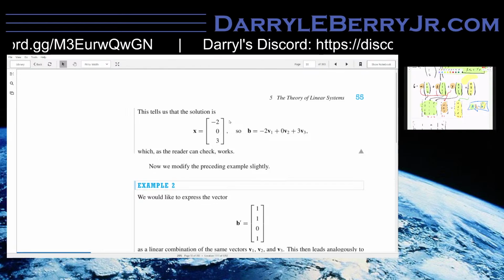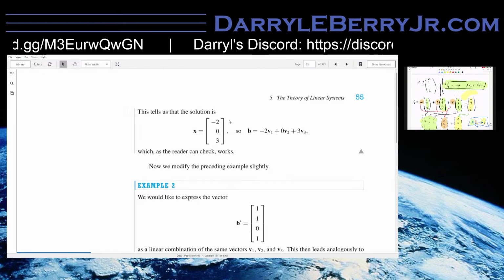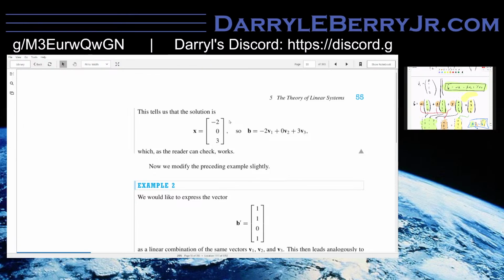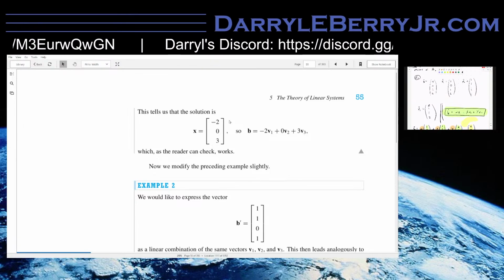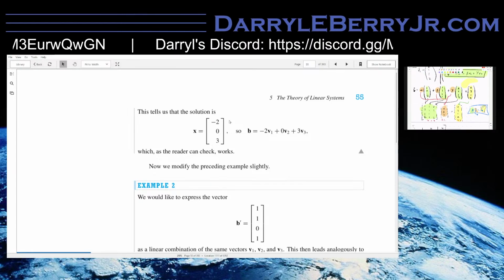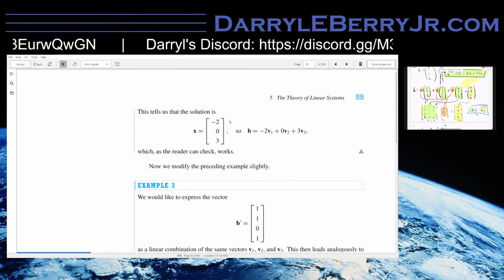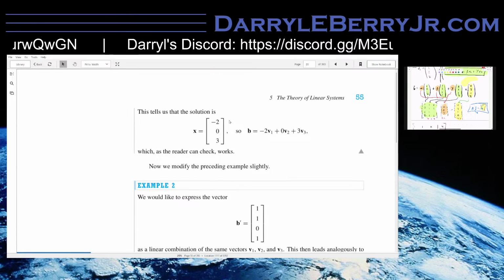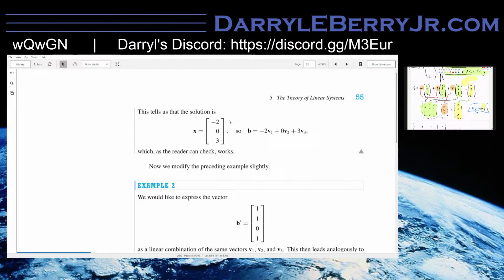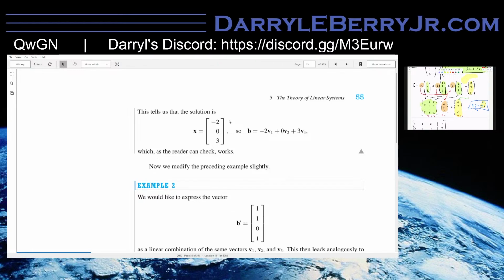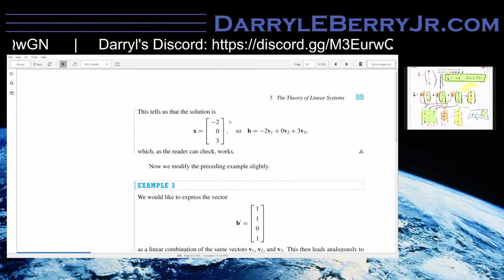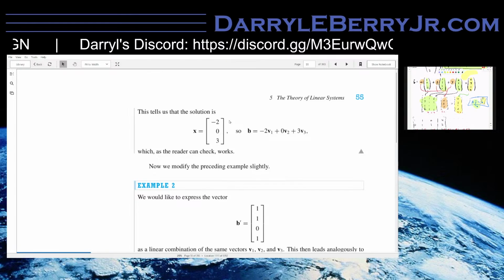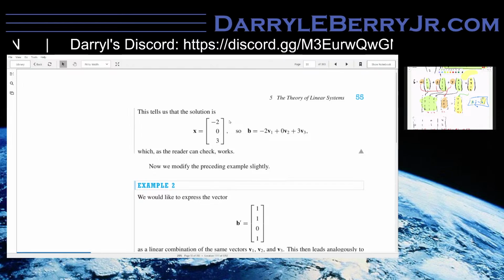Let's see here. Technically, all the v's became our matrix. So our current professor said math is notation, and that's what's tripping me up here, because technically all the v's became our matrix.